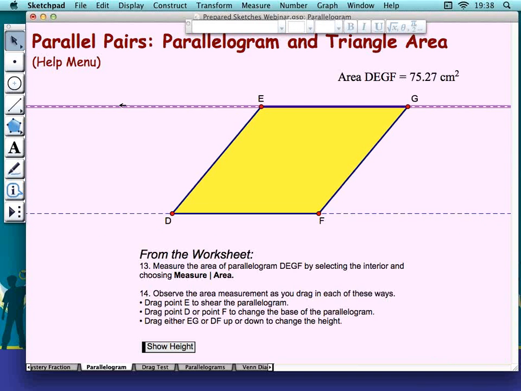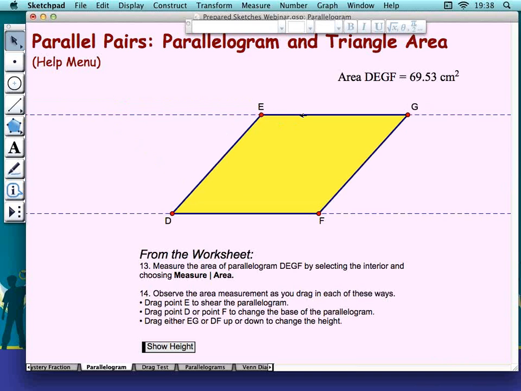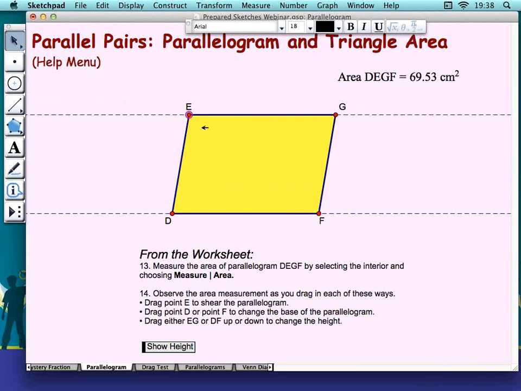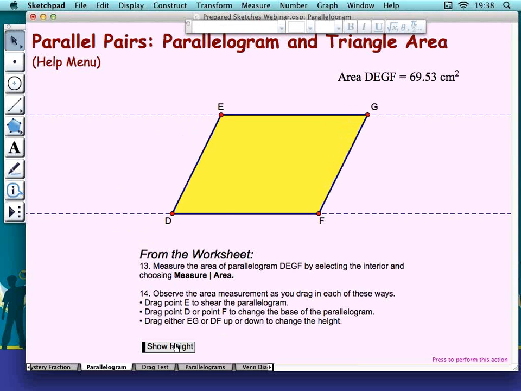So we see that the area responds to everything we drag except for the shearing motion. This is a lead-in to figuring out that it's actually the distance between the two parallel lines that's critical for figuring out the area of a parallelogram.